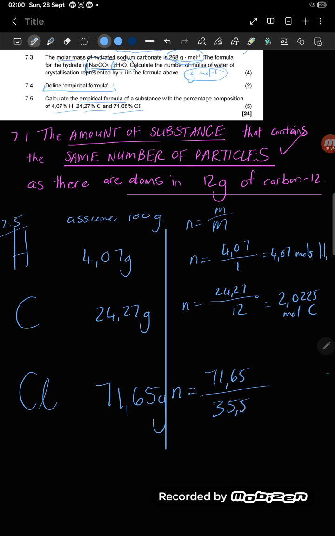It's good to know the basic elements. You don't have to be looking backwards and forwards through the periodic table, but just know them off by heart. So that's going to be 2.018 moles of chlorine. Now, these are good numbers. I love these numbers.